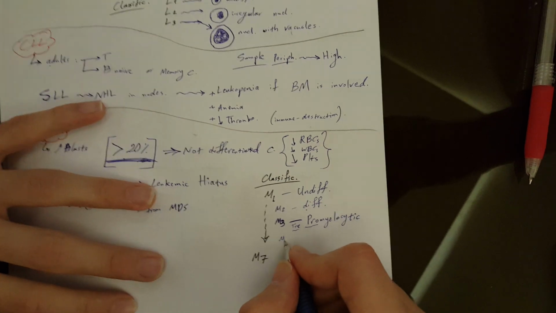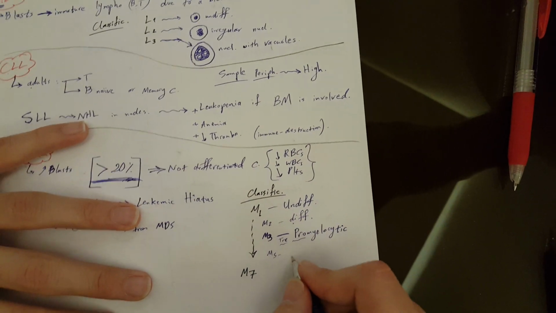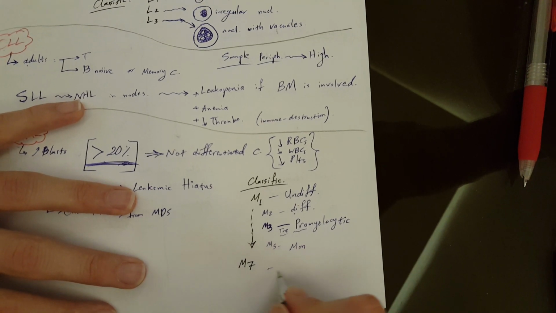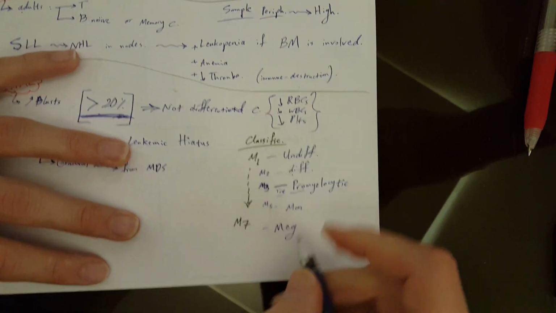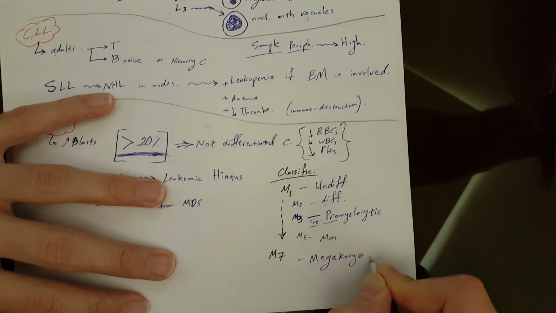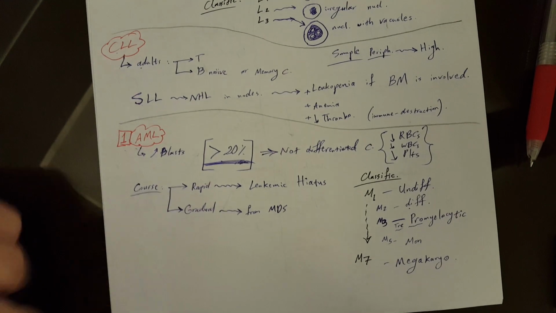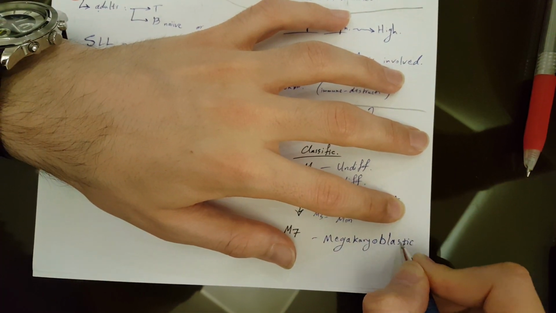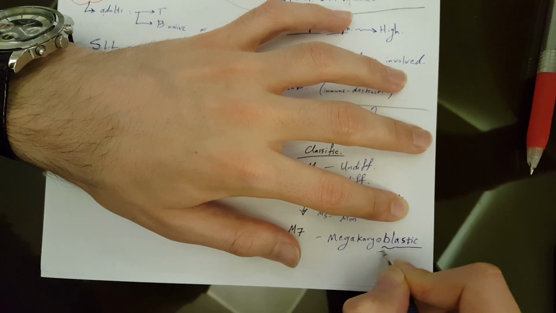You can memorize furthermore M5 if you want. M5 is monoblastic. And M7 is the last one, megakaryoblastic. Sorry, that was my mistake. See, blastic.